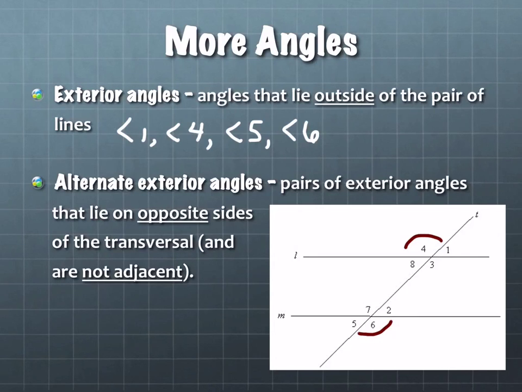Those two are considered alternate exterior angles. So angle 4, that's what I marked, and angle 6. What are the other pair that we could write down? Yeah, angle 1 and angle 5. Those are alternate exterior angles as well.